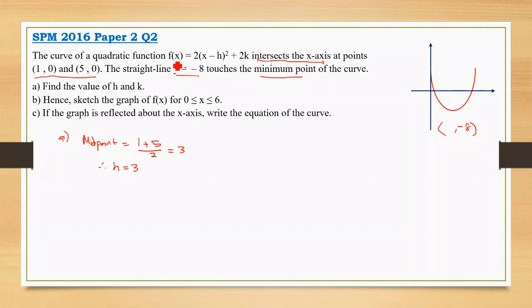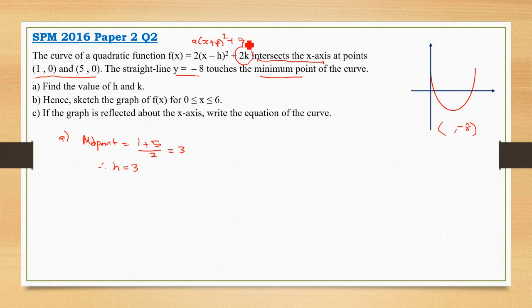As you see here, this is a quadratic function. The lowest point here is referred to, when you do completing the square, as 2k. Remember the format I've given you: a(x plus p) squared plus q.